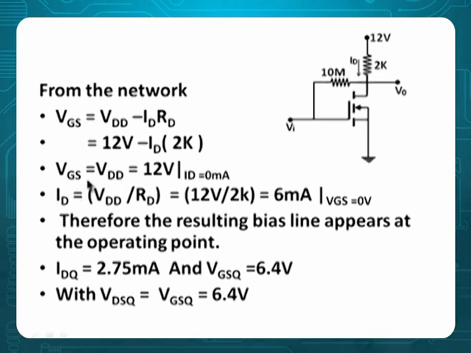So solve for VGS there, and then solve for ID, as to how much value is coming. So ID is 2.75, VDSQ is 6.4, and VGSQ is 7.5. So these are the values that we can appreciate and achieve from the problem given. So that's what you call an illustrative example.